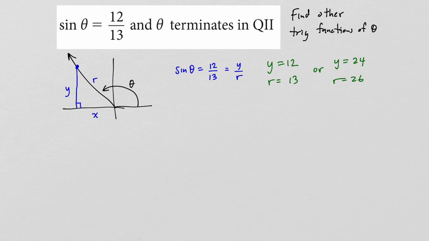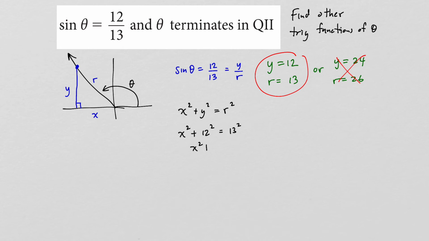Okay, now we will go ahead and just choose y to be 12 and r to be 13. In that case, we need to know what x is. So let's remember that x squared plus y squared is equal to r squared. So that means that x squared plus y, which is 12 squared, is equal to r, which is 13 squared.